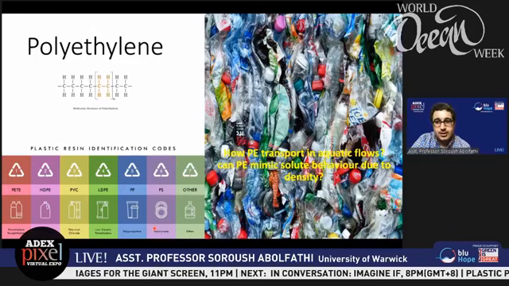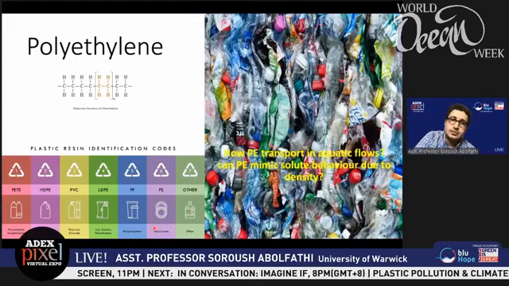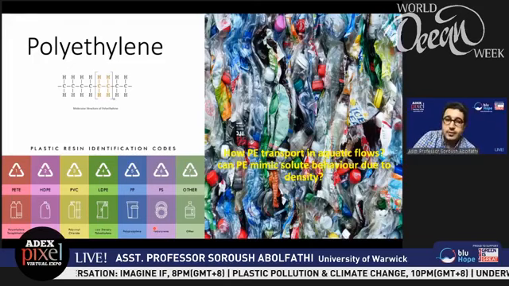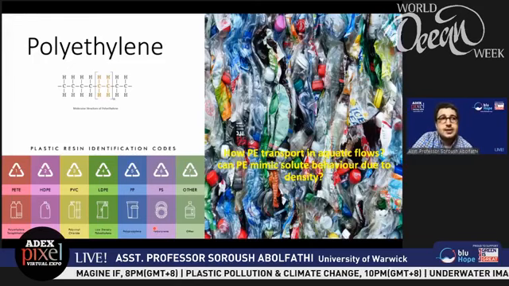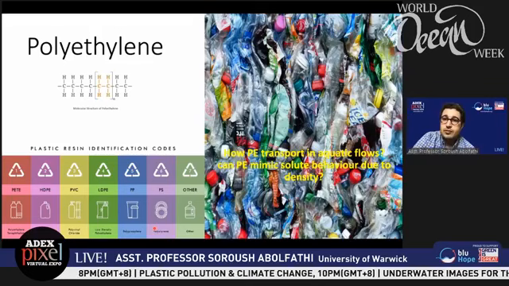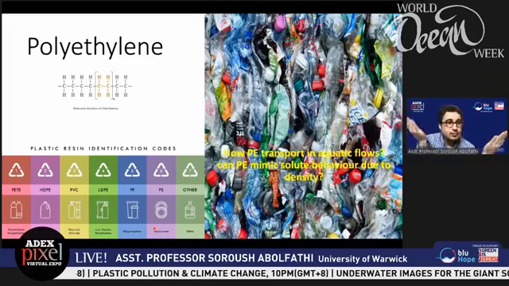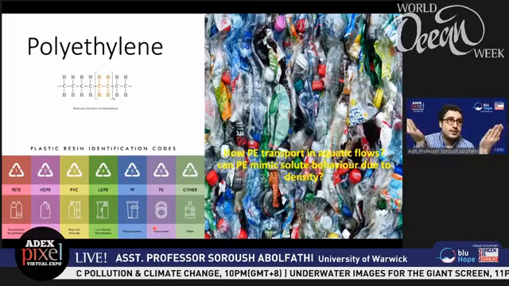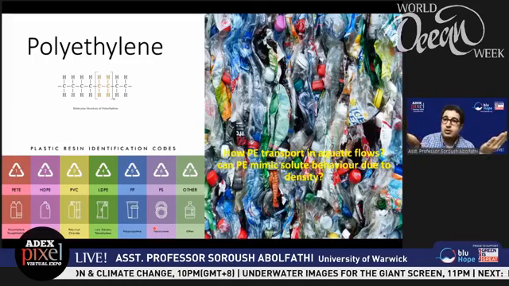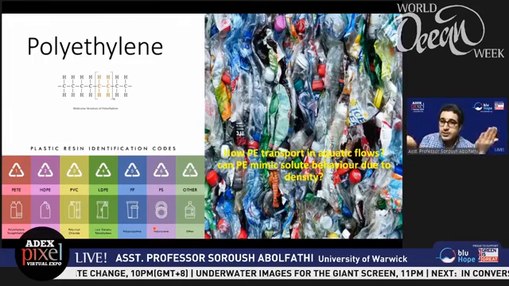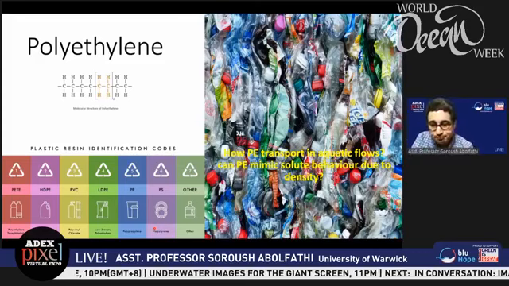Let's see how polyethylene behaves in the environment. We did a little bit of research and realized polyethylene has a very close density to water. So the first thing that came to our mind is, can we say that polyethylene will have the same behavior as a solute? Because if it does, then we have a model for it.